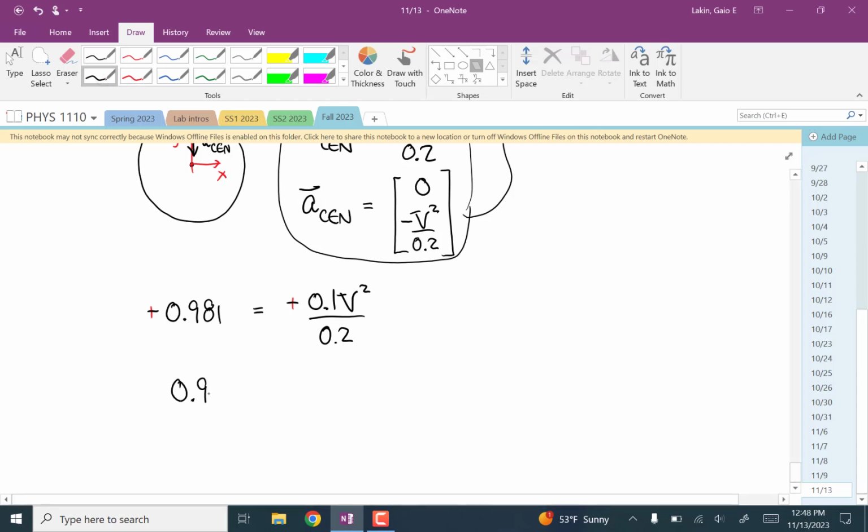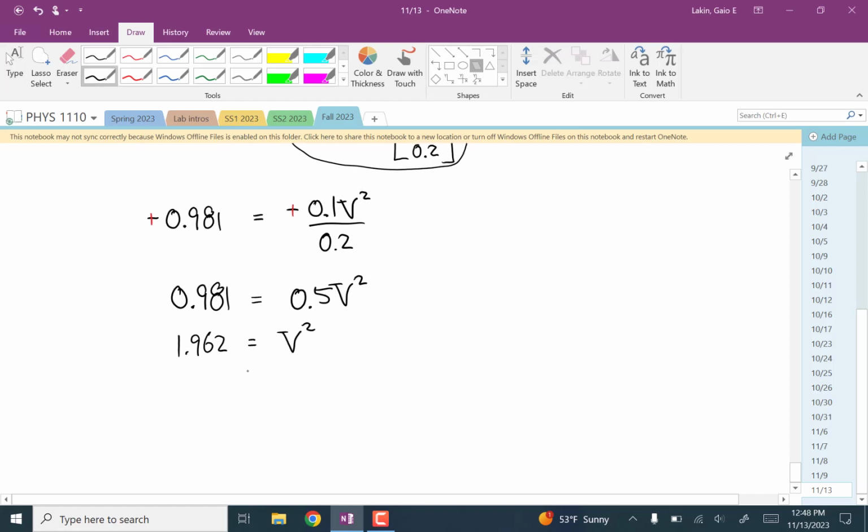And we can write that as 0.981 is equal to, what's 0.1 divided by 0.2? 0.5, yep. So we got 0.5 v squared. And so 1.962 is equal to v squared. Can you calculate the square root? 1.4. So v is equal to 1.4 meters per second. And it's positive because it's a speed.